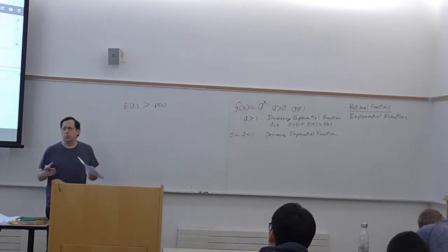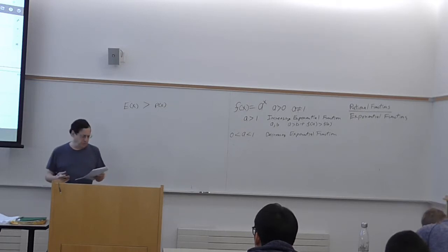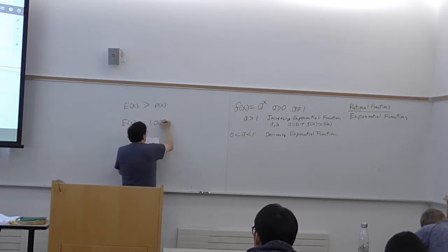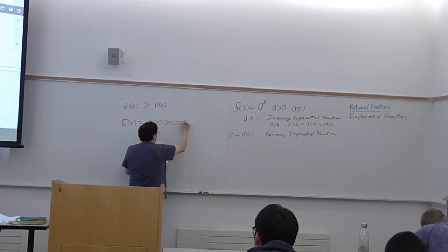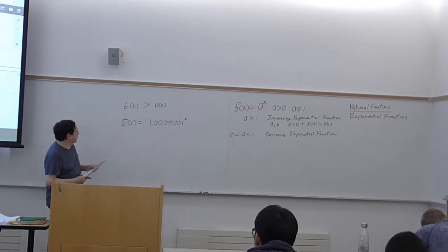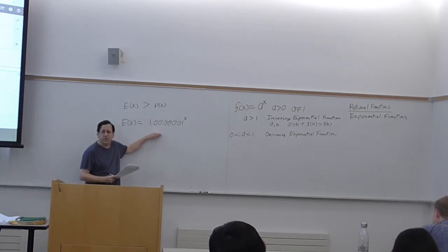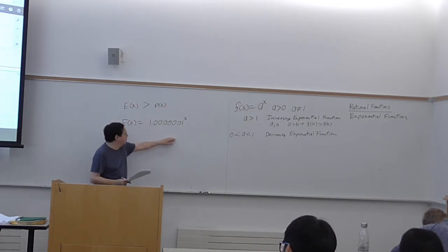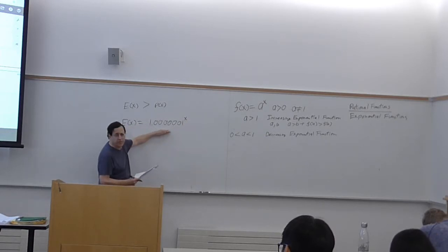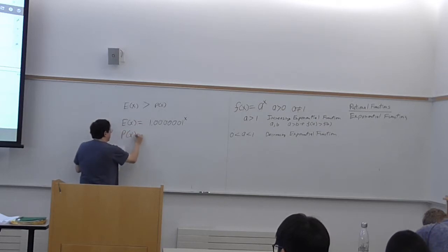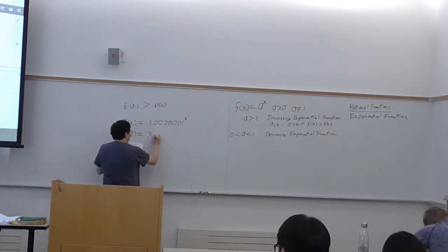That doesn't sound so interesting until you look at, what if e of x was 1.00001 to the x. That's an increasing exponential function. It increases very slowly, right? If you plug in like 1,000, you're still less than 2 here. And I compare that with some p of x equal to, say, x to the 1 million.